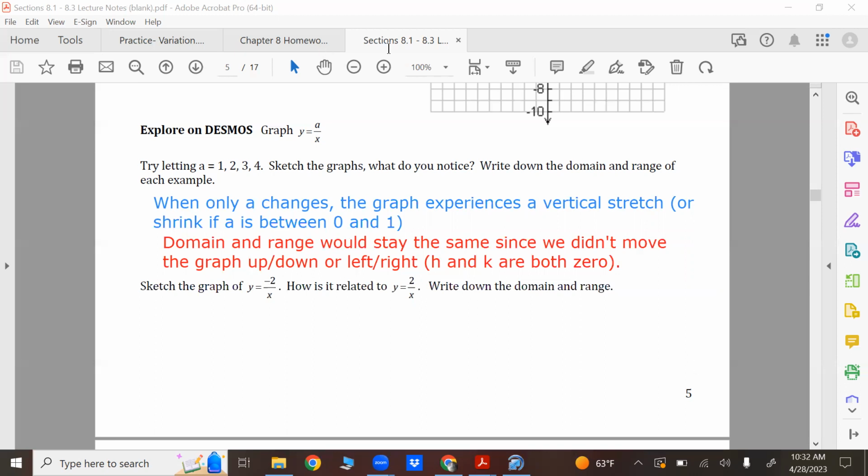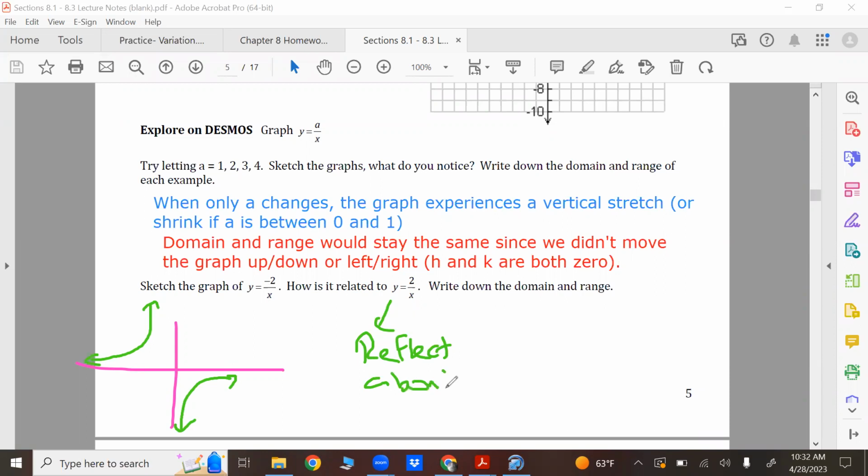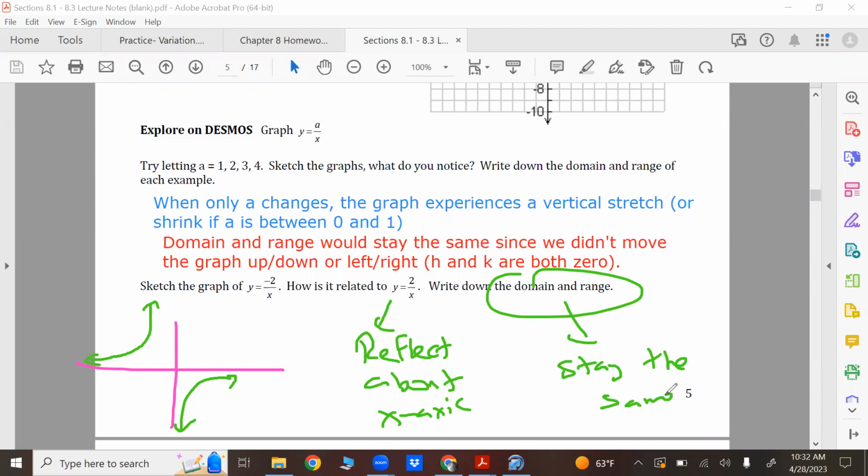And if you sketch this graph, I'll do the quick sketch down here. It's going to be reversed. It's going to be like this. Reflect about the x-axis. They stay the same.